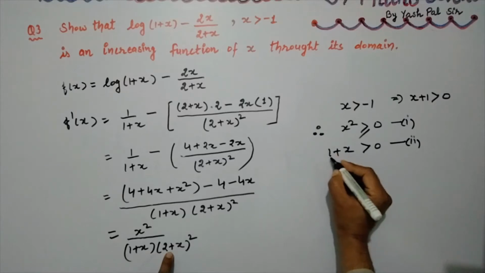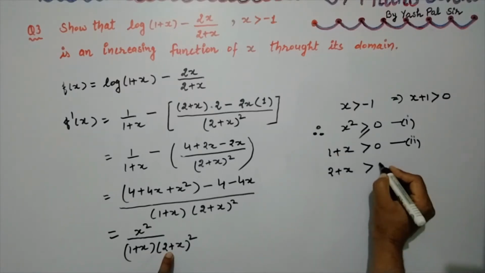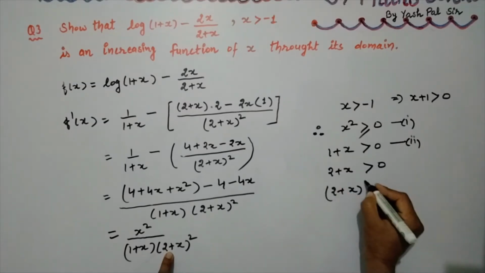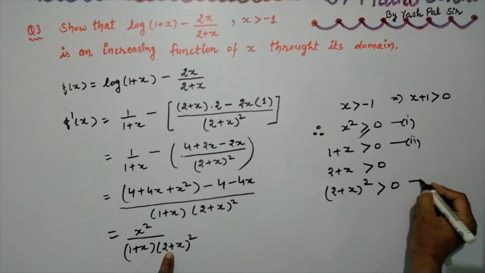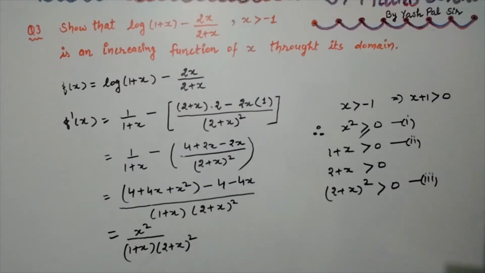Moreover, 2 plus x is also greater than 0. Also 2 plus x whole square is also greater than 0, number 3. Meaning to say denominator is not equal to 0, rather this is greater than 0. So what we say, this is greater than or equal to 0.